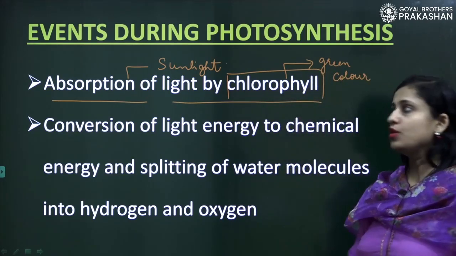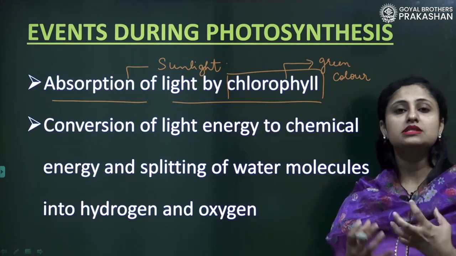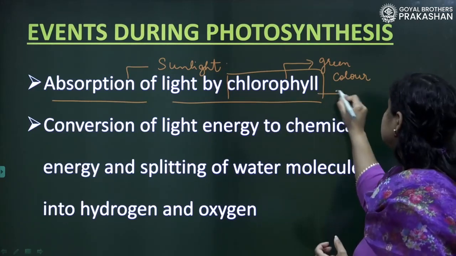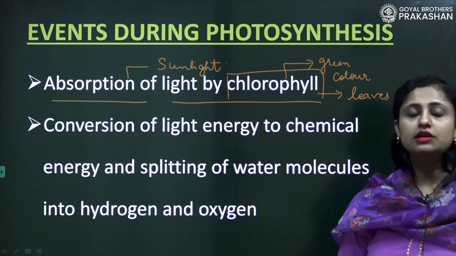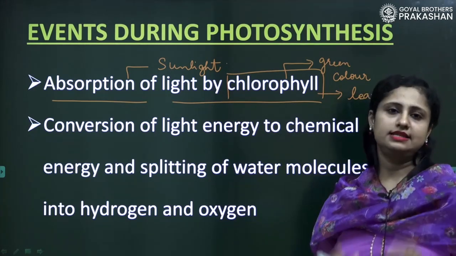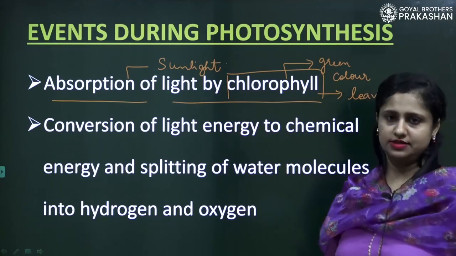This chlorophyll pigment basically traps the sunlight and it is present in the leaves, particularly in the mesophyll cells or the chloroplast.